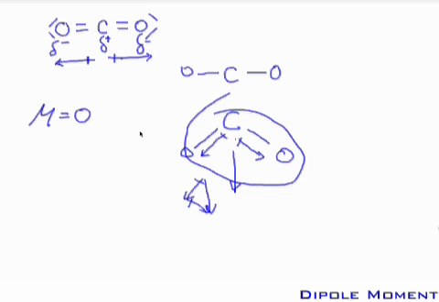So dipole moments, or the mu value, depends on bond polarity and the shape of the molecule. If the molecule was bent, it would have a mu value. If the molecule is linear, in this case, mu is 0 because they cancel out. Okay.